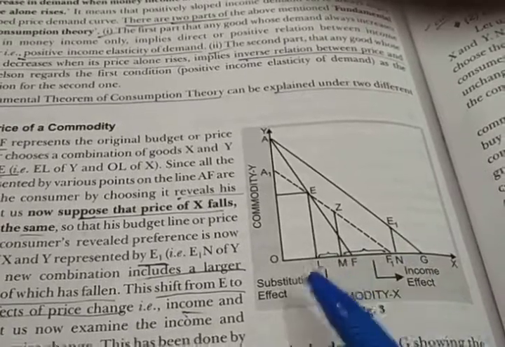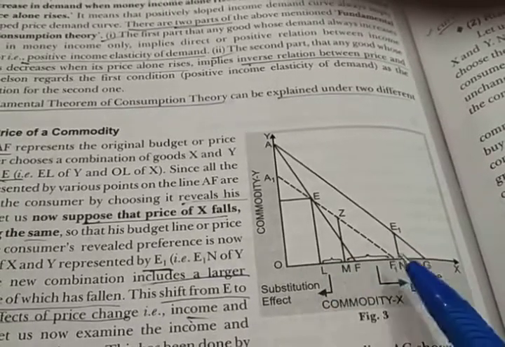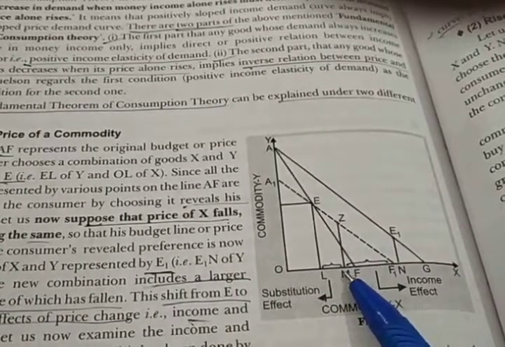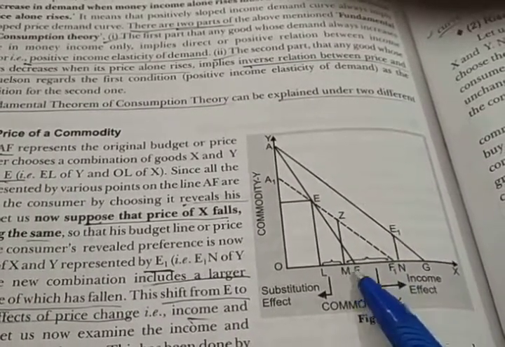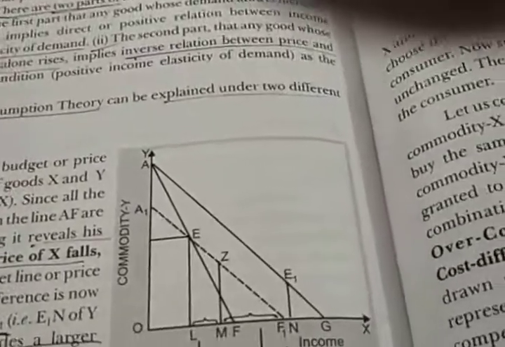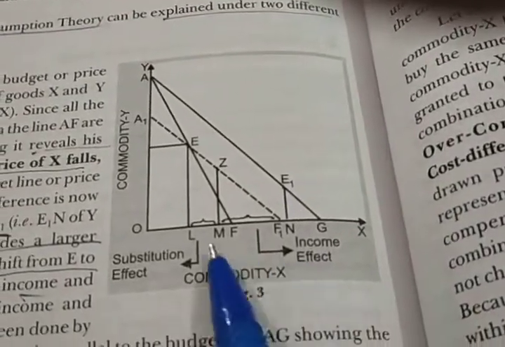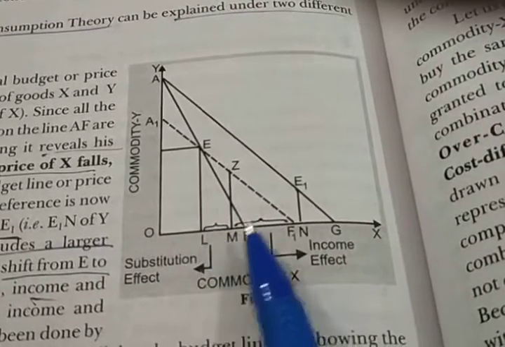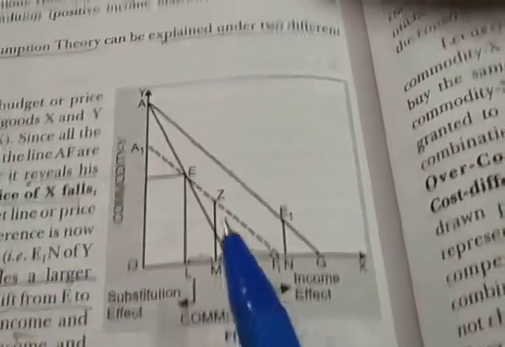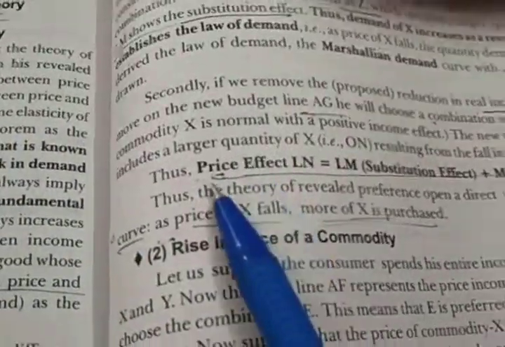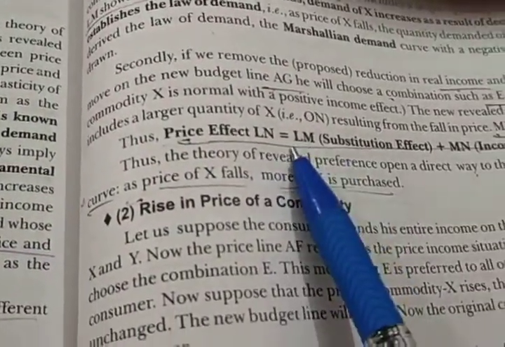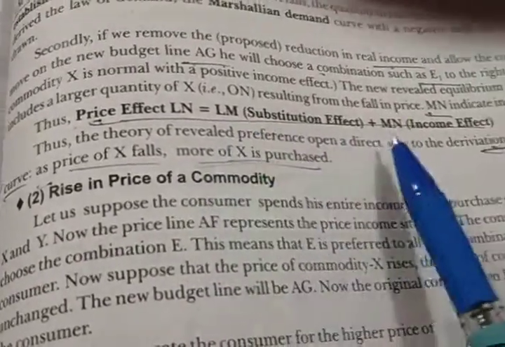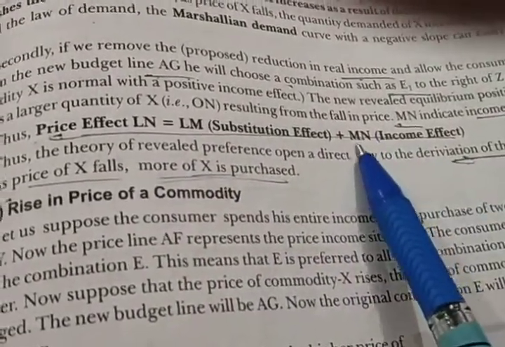So till now we have seen price effect was LN, then substitution effect was LM, and the income effect is MN. So in this way we can say that this very price effect LN includes this substitution effect and this income effect. Or we can see here that price effect LN is composed of substitution effect LM plus income effect MN.